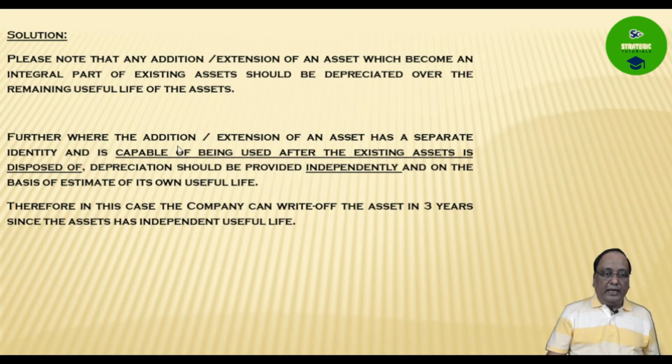Further, where the addition or extension of an asset has a separate identity and is capable of being used after the existing asset is disposed of, I have underlined this phrase, capable of being used after the existing asset is disposed of, depreciation should be provided independently and on the basis of an estimate of its own useful life.